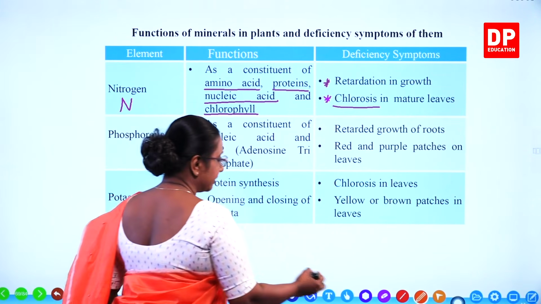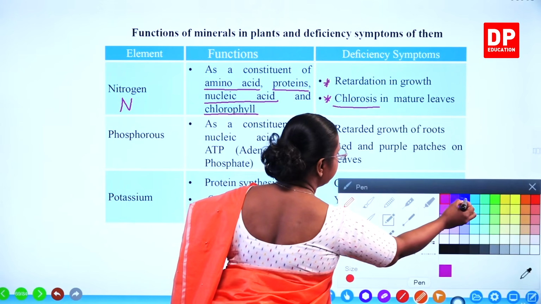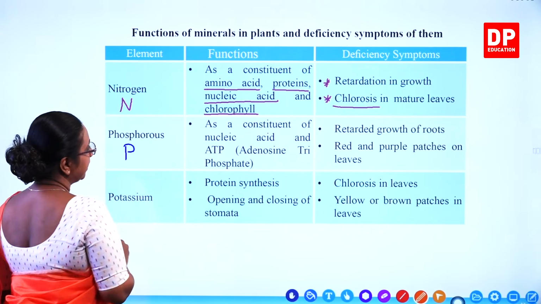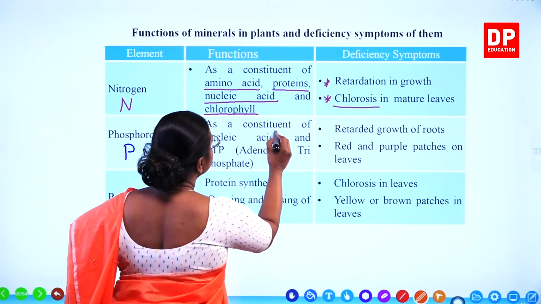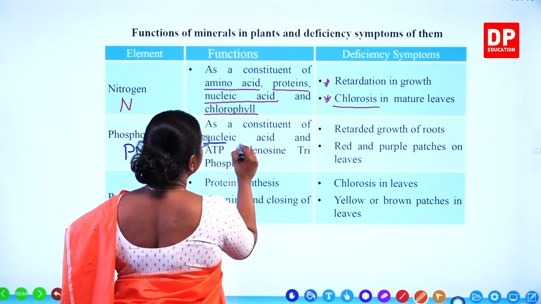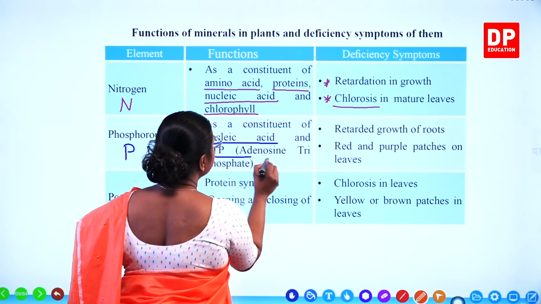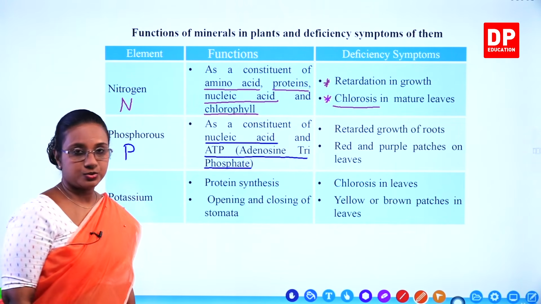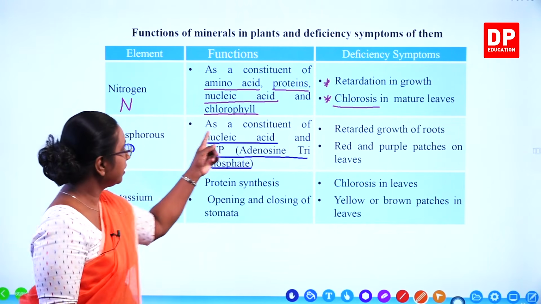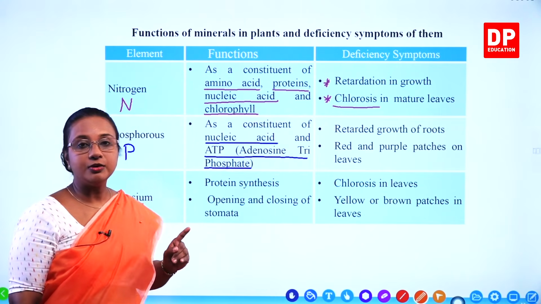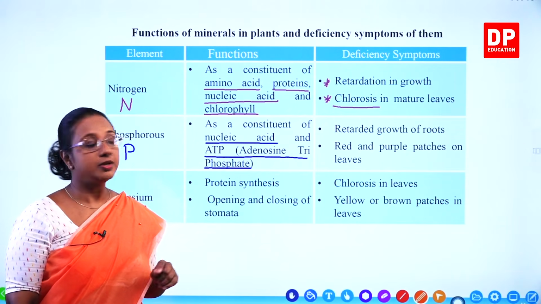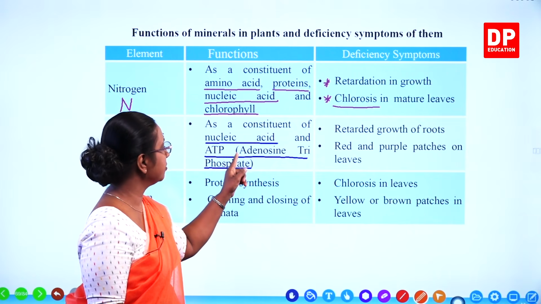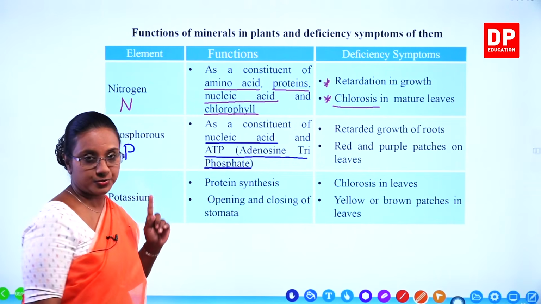Now, we will look at the next mineral, that is phosphorus. So, phosphorus again is a constituent of nucleic acid and ATP, adenosine triphosphate. So, nucleic acid is a biomolecule that you already know about. Then there is something called ATP, adenosine triphosphate.